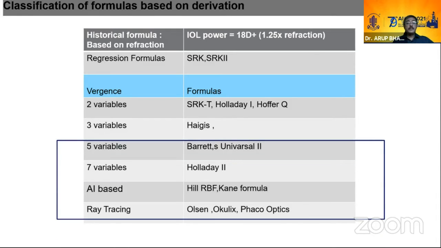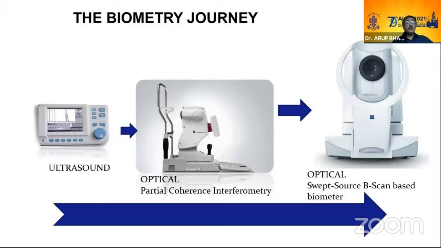But for this, you need different variables. For Barrett you need 5 variables, and Holladay needs 7 variables. Though the Hill RBF is not an actual formula, it is an AI-based pattern recognition formula. So we have a long journey from ultrasound to optical swept source B-scan based biometry.